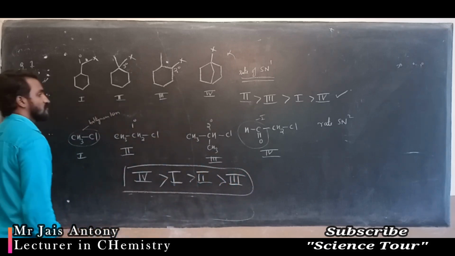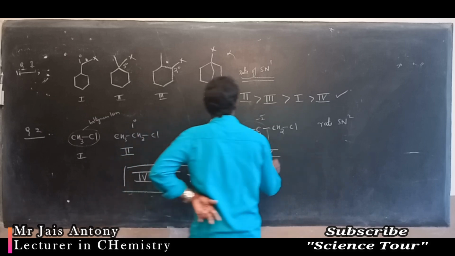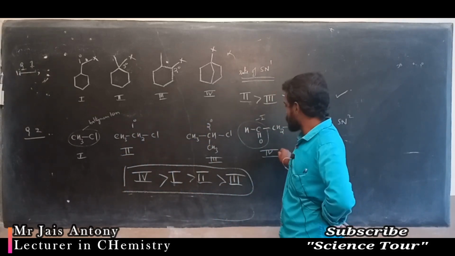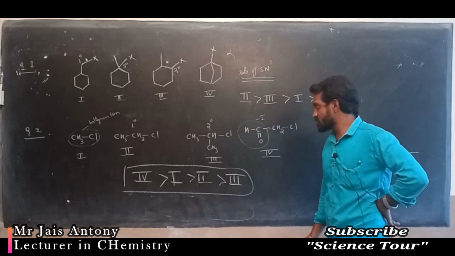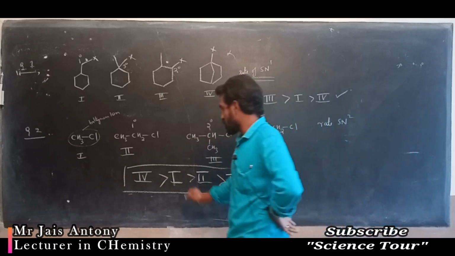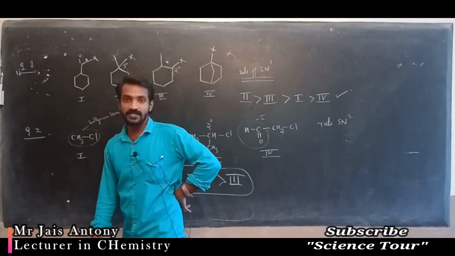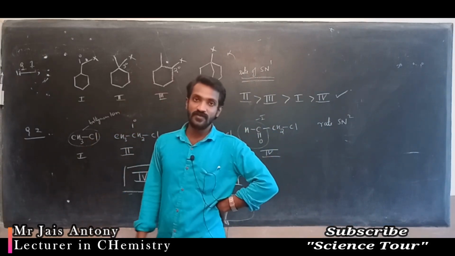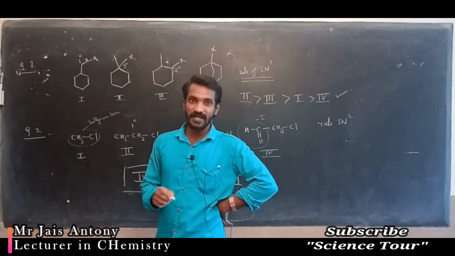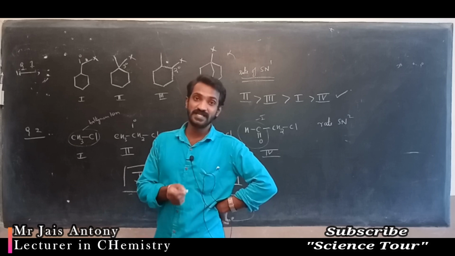Note down: I chose this one as the highest order. What is the reason? Because the electron withdrawing group CHO is there. Second, why did I choose the first one as the highest order? Because the bulkiness of this chlorine-attached carbon is less. If the branching is less, it is SN2.